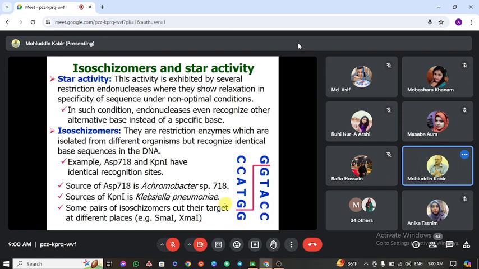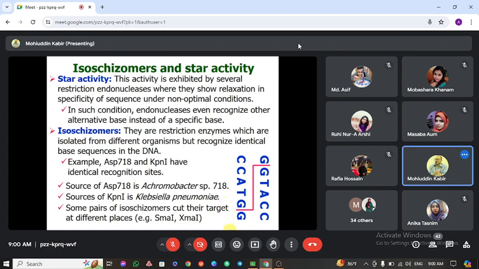Now, when we work with the digestion, there are some artifacts created when the reaction condition is not optimal.